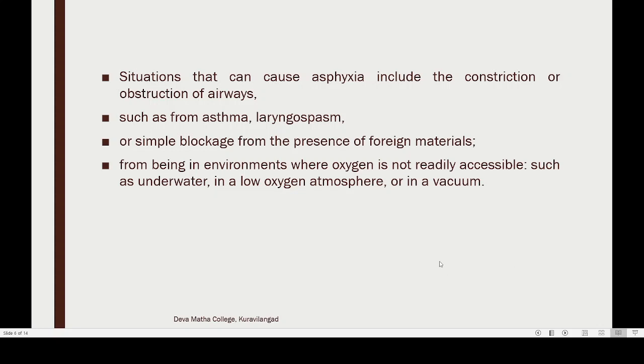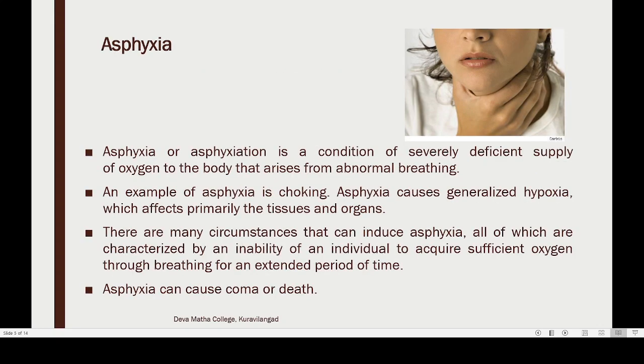These are the different situations which are leading to the problem of asphyxia. So asphyxia means your body or your lungs are not able to get a sufficient amount of oxygen. So that is asphyxia. And regarding other diseases, we will discuss in the next class.